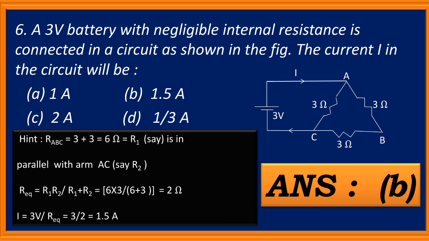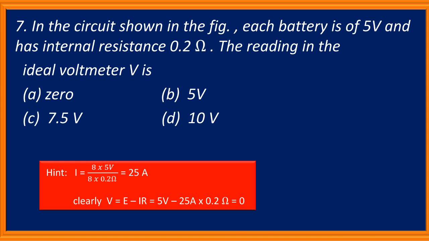So the equivalent resistance is 2 ohm. So I equal to V by R. Here V is 3 volt and R equivalent is 2 ohm. So the current is 1.5 ampere. So the correct answer will be option B.